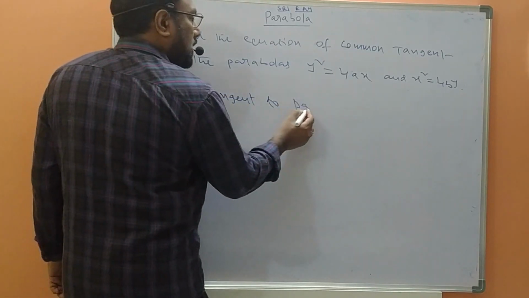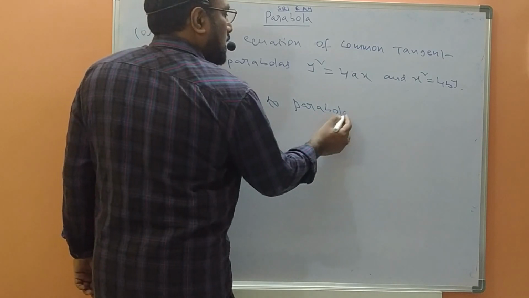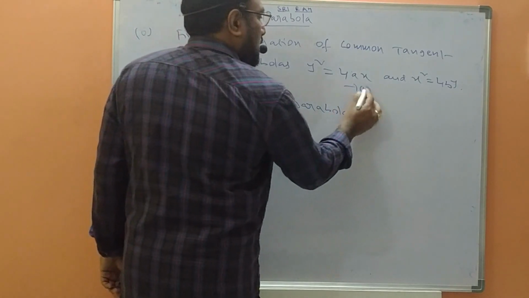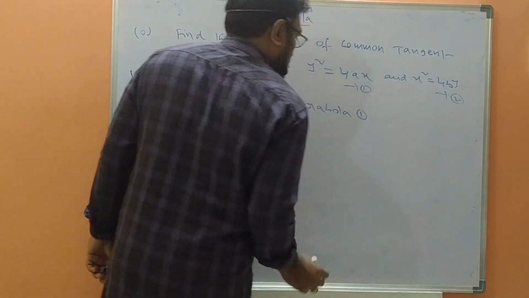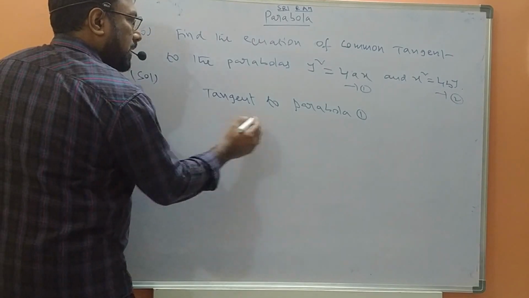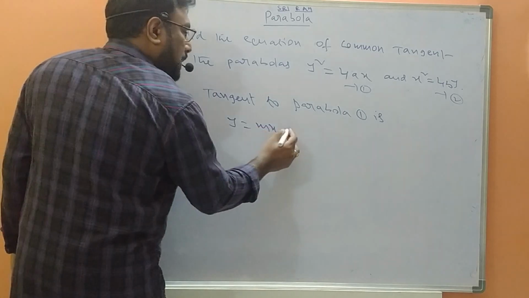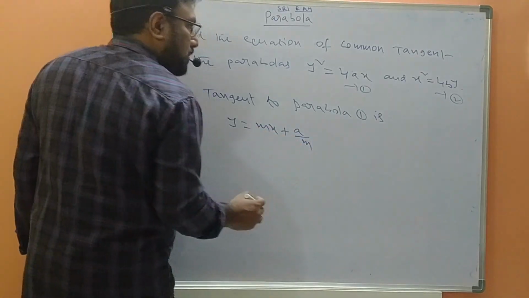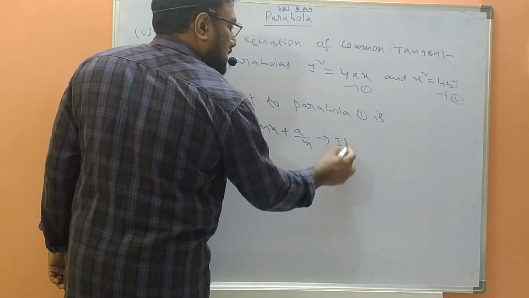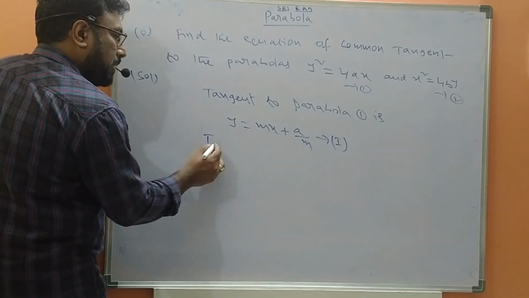Tangent to parabola 1 is y equal to mx plus a by m. So it is Roman number 1.